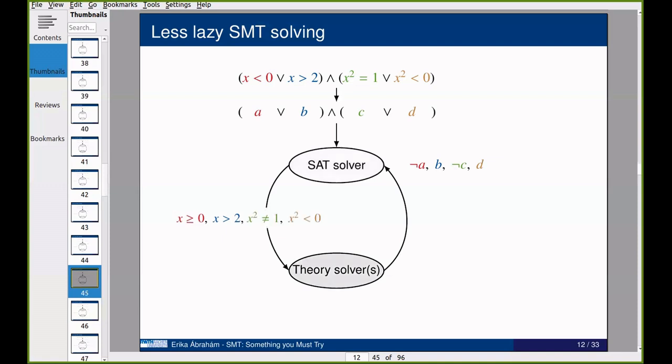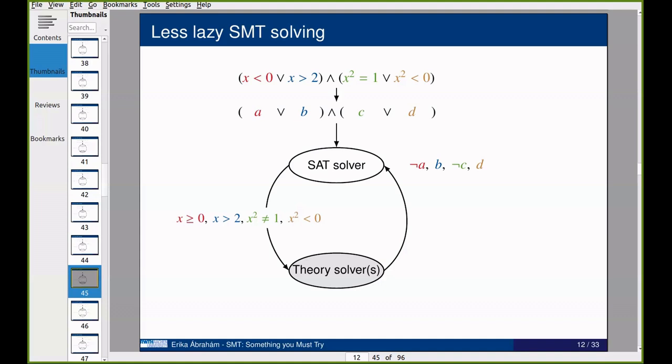So we extend the previous constraint set by the concretizations of these two literals. And you see especially that literal D was encoding the constraint X squared less than 0. Because we are in the real domain, this constraint itself is unsatisfiable.